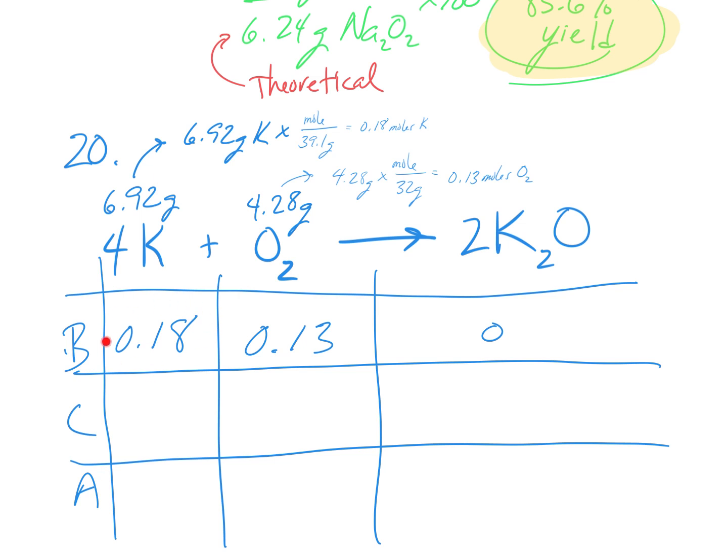I don't have 0.5 moles, so I cannot use all of this oxygen. This is going to be my limiting reactant. The potassium is going to be the limiting reactant right here. So let's do that calculation. So we're going to use all of this.